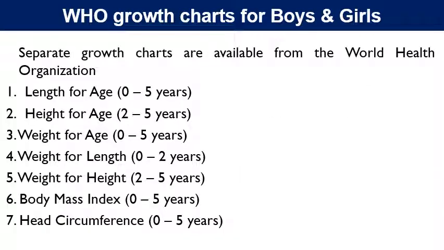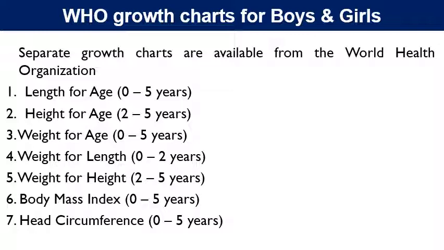As I mentioned earlier, WHO growth charts are available for boys and girls for various health indices. There are 7 health charts available that you can measure for the children. One is length for age, 0 to 5 years. Height for age, that you can assess from 2 to 5 years for both boys and girls.